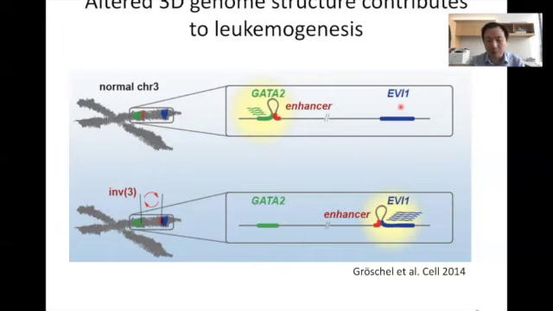But in a main category of AML leukemia patients, there's an inversion 3. This big chunk is inverted, but no DNA sequence mutation happened in the enhancer. Because the inversion happened, this enhancer is now shuffled pretty close to EVI1 and forms chromatin looping events with EVI1, driving up the expression of this oncogene.